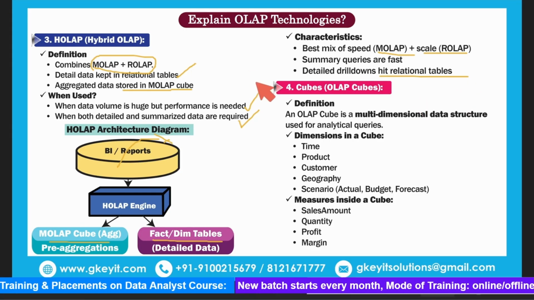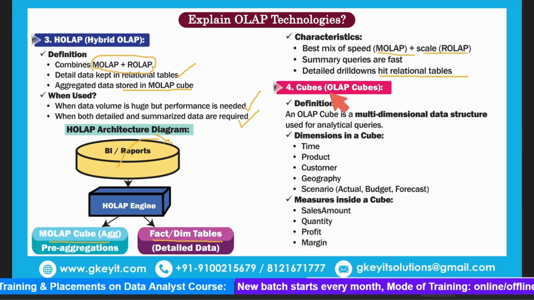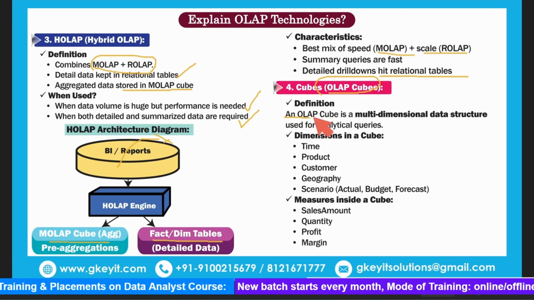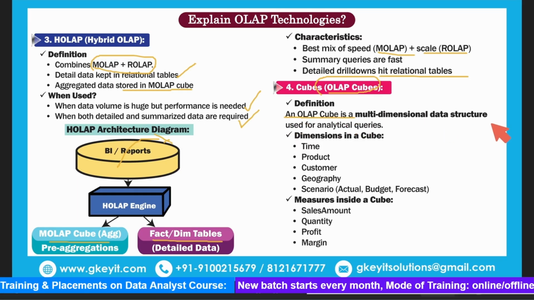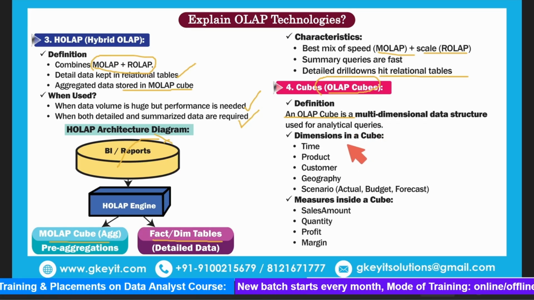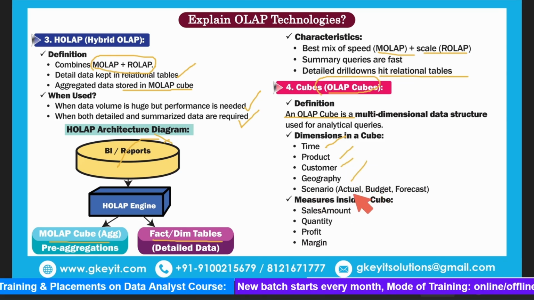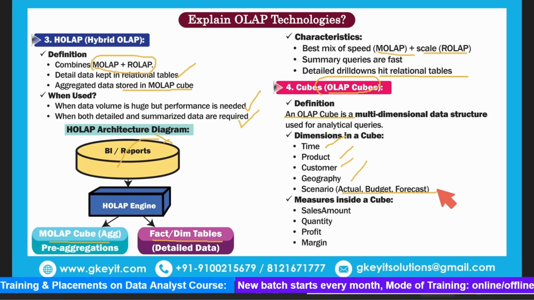And the final concept is cubes, that is OLAP cubes. An OLAP cube is a multi-dimensional data structure used for analytical queries. Dimensions in a cube are like time, product, customer, geography, and scenario, like actual, budget and forecast scenarios.